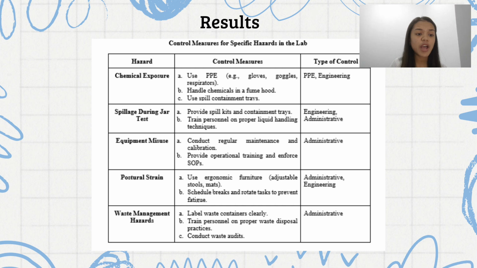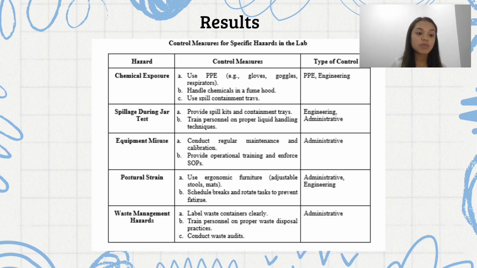And the next one, we have spillage during the jar test. For the control measures, we can provide spill kits and containment trays, and then train the personnel on proper liquid handling techniques. The type of control is engineering and administrative.